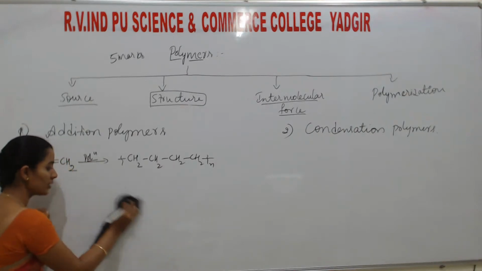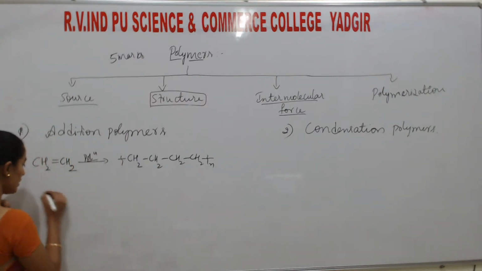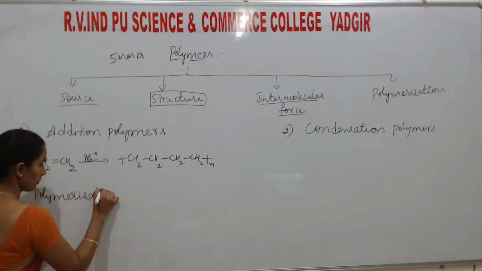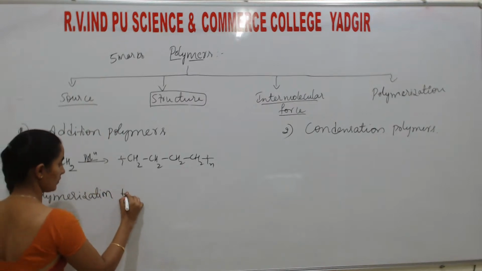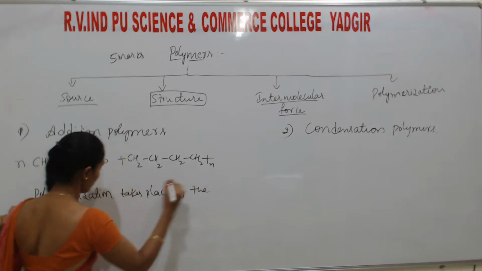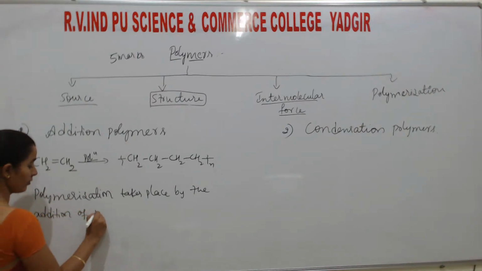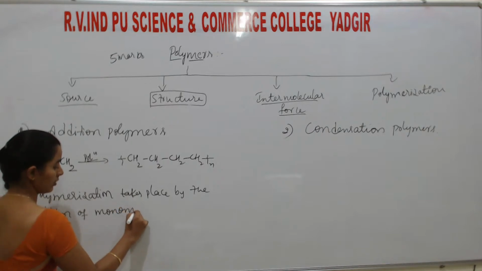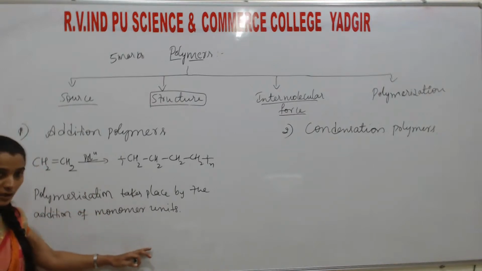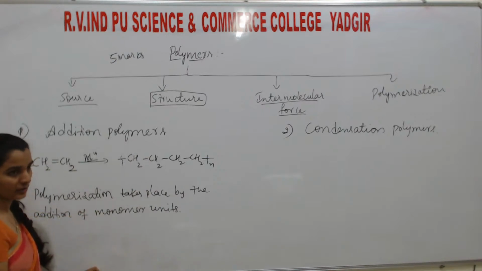It means the polymerization takes place by the addition of monomer units. I write: polymerization takes place by the addition of monomer units is called addition polymerization, and such types of polymers are called addition polymers.